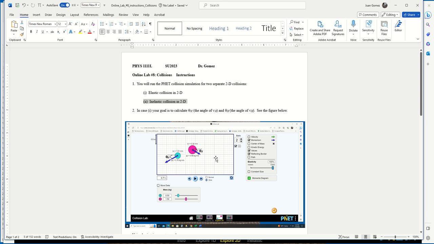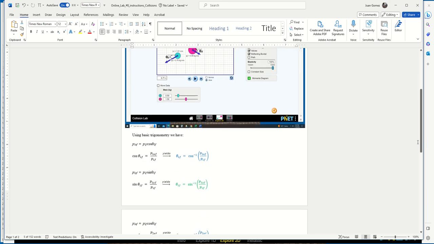V2 final is the final velocity of M2, which is the red. So we have here M1, M2. Then we have a V1 final and a V2 final, and hence we have a theta 1 final and a theta 2 final. So that's our goal.